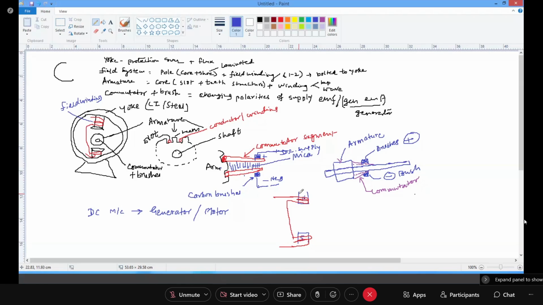On the same pole, I can have more windings. Again, I can have another winding, the second winding. So this is my second winding, and I'll be connecting this second winding again in series.